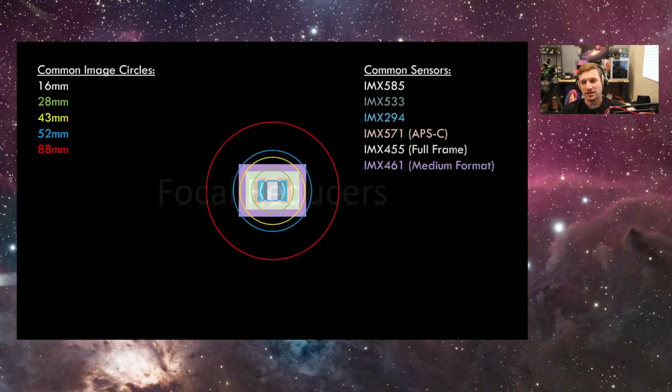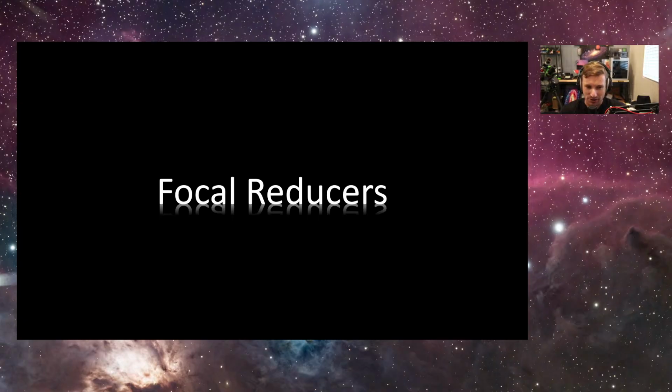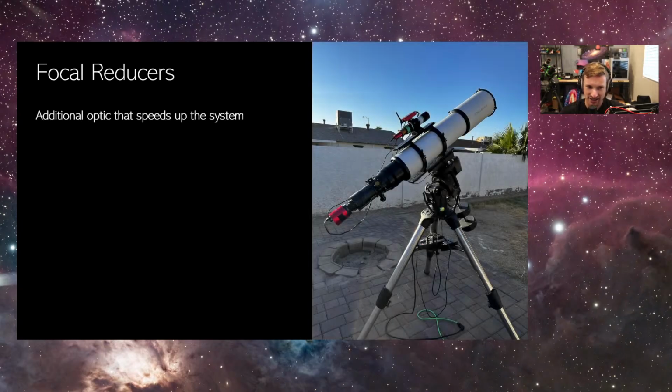So now, speaking of focal reducers, here's a little section on focal reducers. Focal reducers are going to change things. If you don't know what a focal reducer is, this is a focal reducer. It's an additional optic that usually threads on the back of the telescope somewhere.